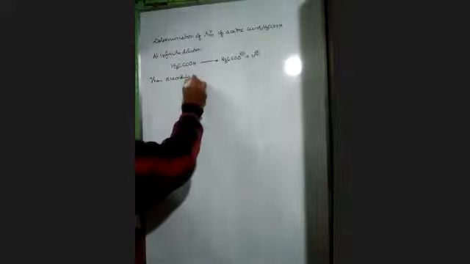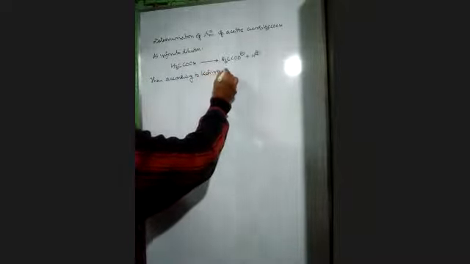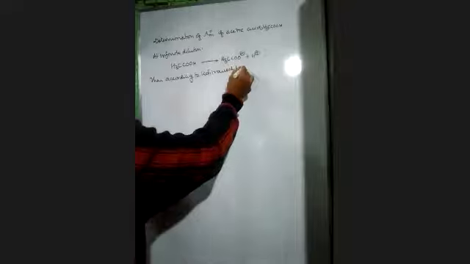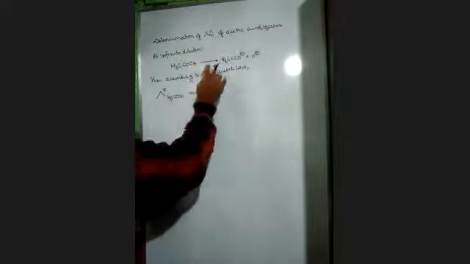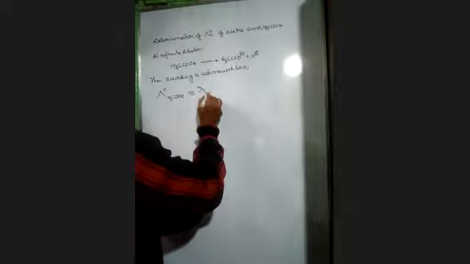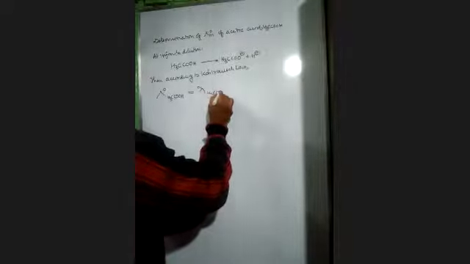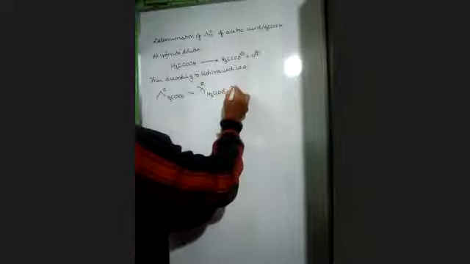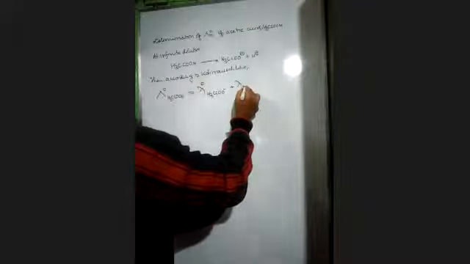CH3COOH is equal to, see, 1 mole. So I'll write now here CH3COO minus and H plus. All right. So you'll get this.